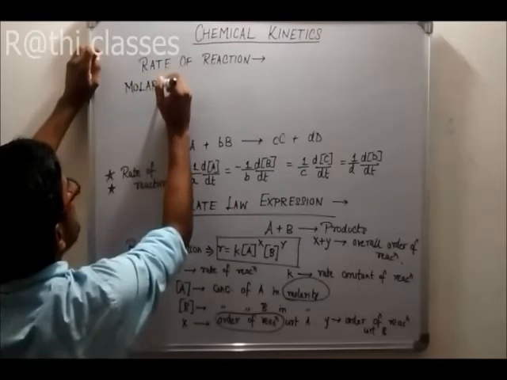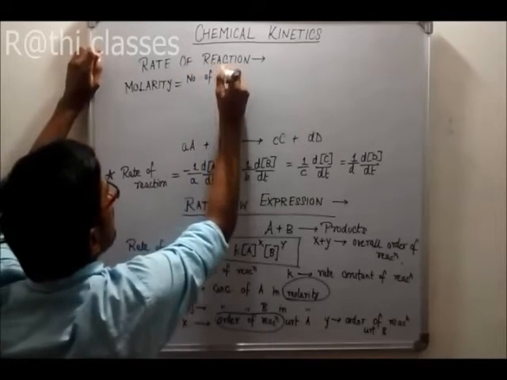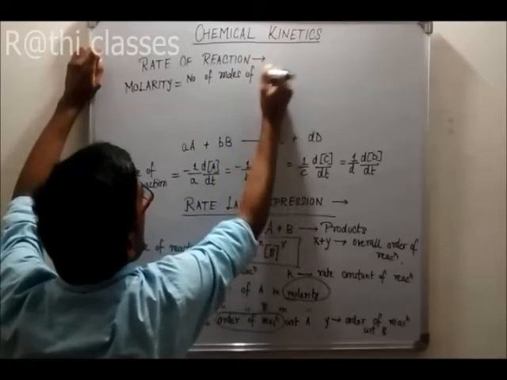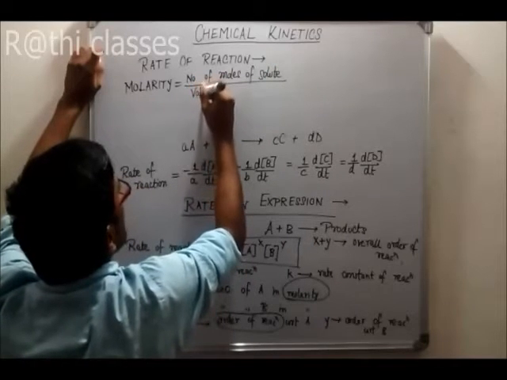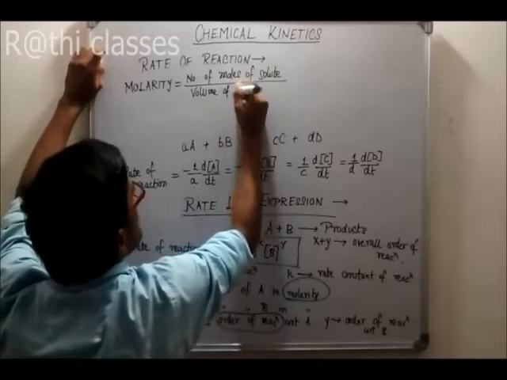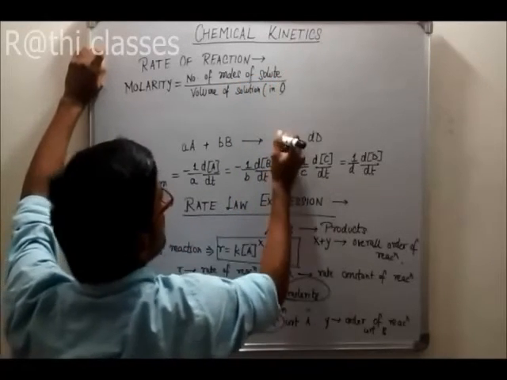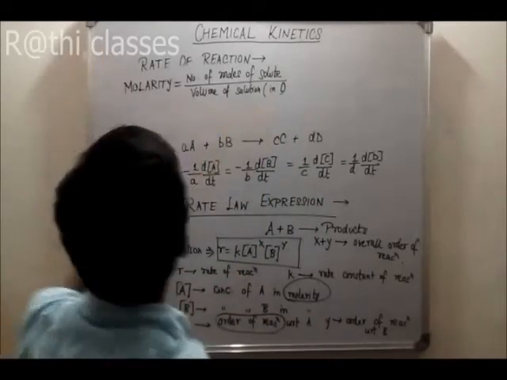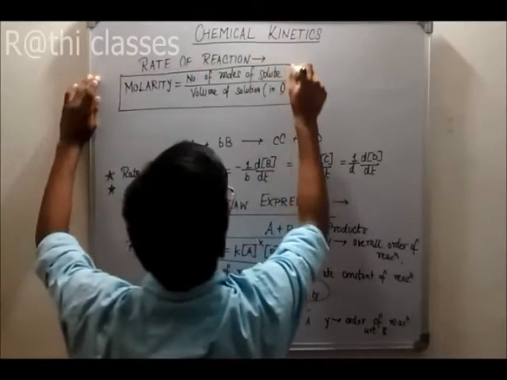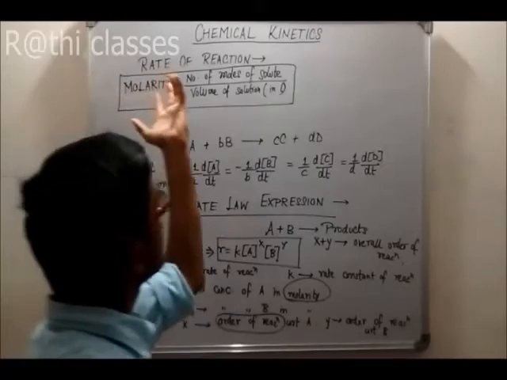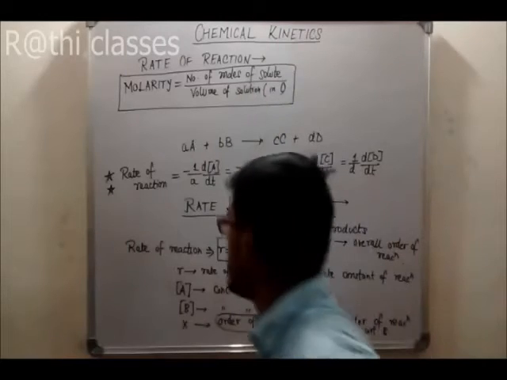Molarity is a tool to define concentration, which is equal to the number of moles of solute upon volume of solution in liters. This is the definition of molarity. In this chapter, we define concentration in terms of molarity everywhere, where molarity is defined as the number of moles of solute upon volume of solution in liter.